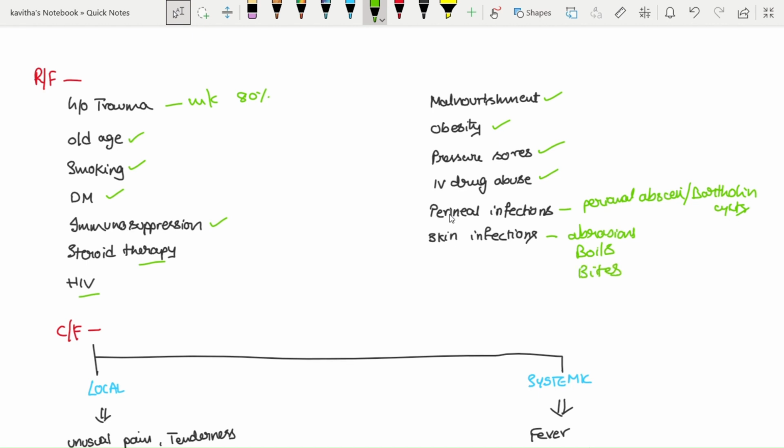Among these, the most common comorbidity associated with necrotizing fasciitis is diabetes mellitus. You have to look for it.